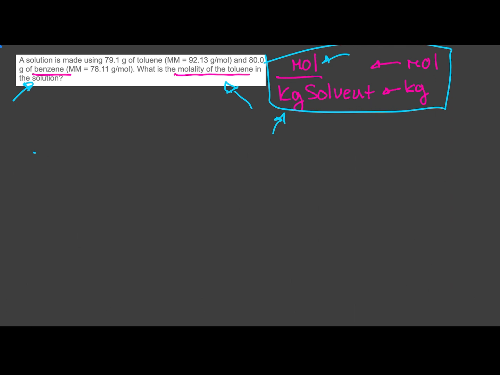So that will be 79.1 grams of toluene times the molar mass. It's handy, it gives us the molar mass right there. Remember we're trying to get to moles, so moles will go on top. We are going to divide 79.1 by 92.13 to get our moles.